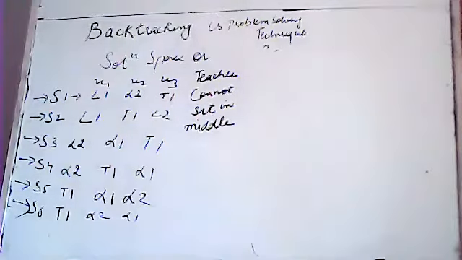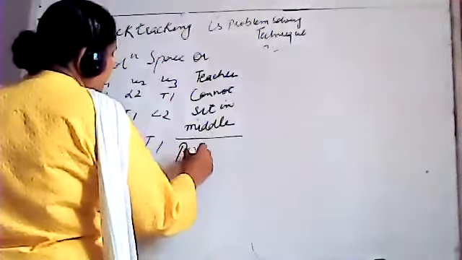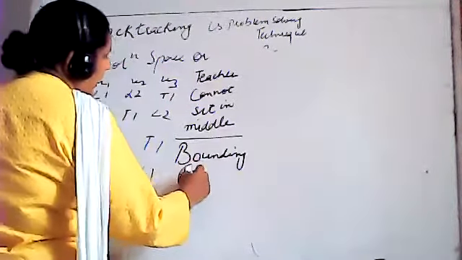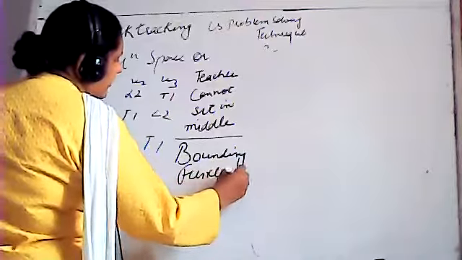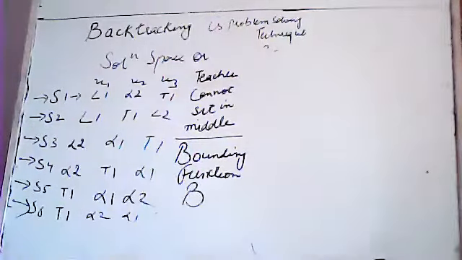The constraint which we are imposing in the problem is known as the bounding function. It is represented with a big B. Whenever any condition or constraint is given to us in a problem, it is called the bounding function, and it is represented by B.